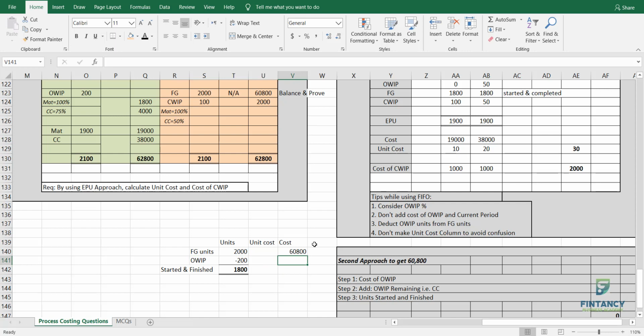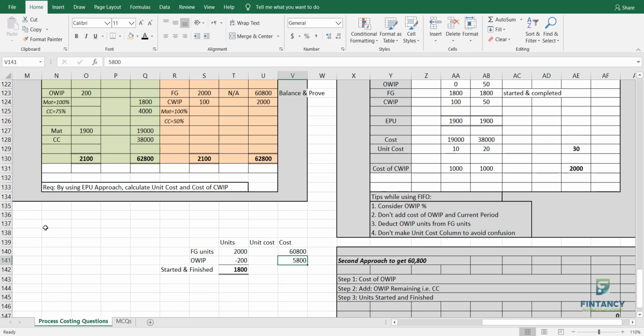Now see, opening work in progress, how much was the cost? Remember, this much. These two are the cost in the opening. But this is not the only cost. So if I write here, for example, this total is how much? 5,800, right? 5,800. This is coming from the previous period. It means there is a little cost which I incurred on opening units during the current month, which I am not considering right now.